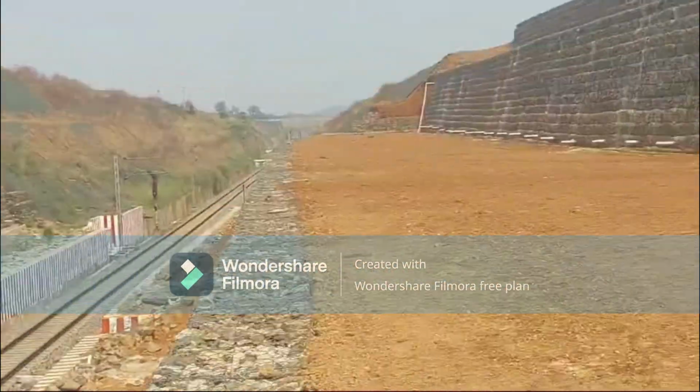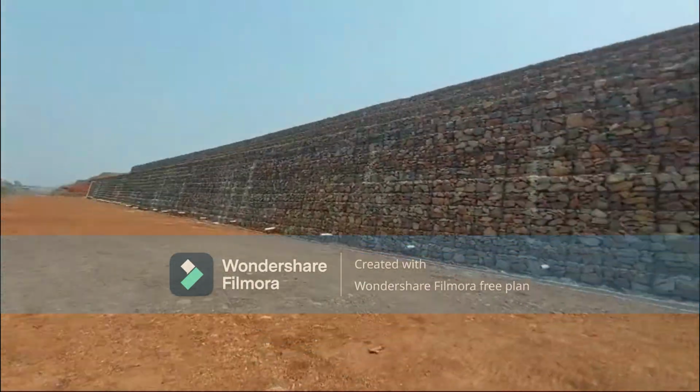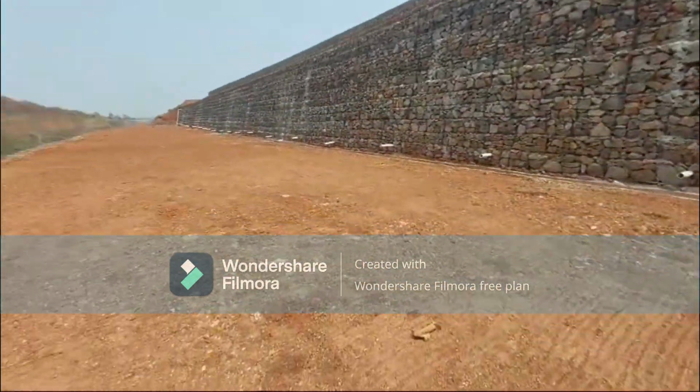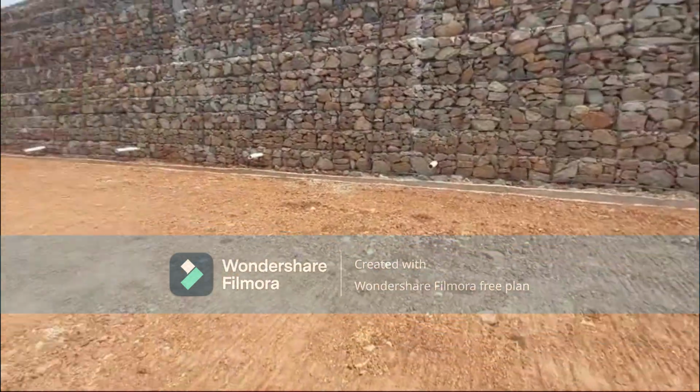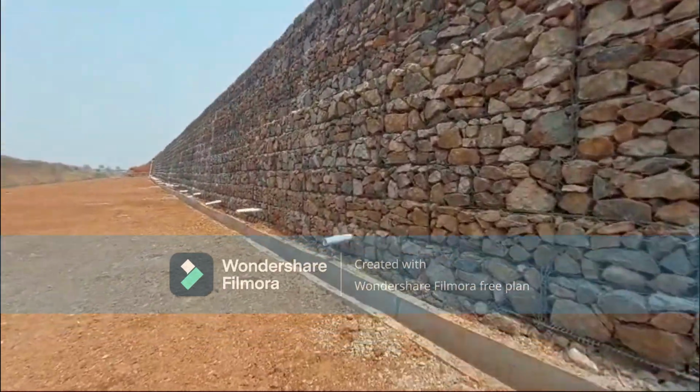soil nailing. Here the slope is about 20 meter, 10 meter, 10 meter horizontally, and approximately 10 to 15 meter inclination for this wall.